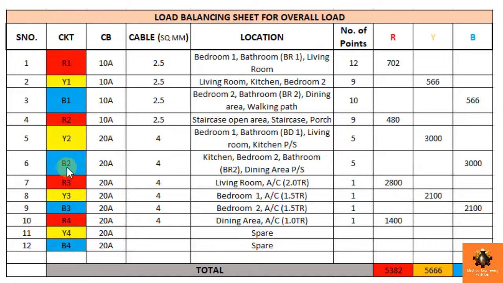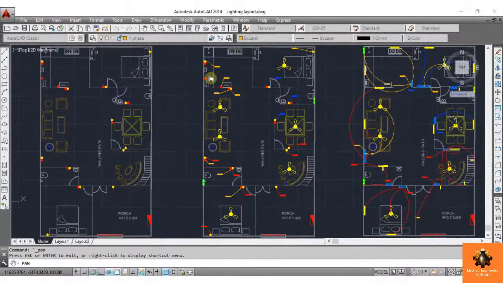Similarly, we have the B2 circuit in which again we have 5 power outlets of the kitchen, bedroom, bathroom and dining room area. So two of the kitchen, one of the bedroom, one of the bathroom and one of the dining room area are getting the supply from the B2 circuit.